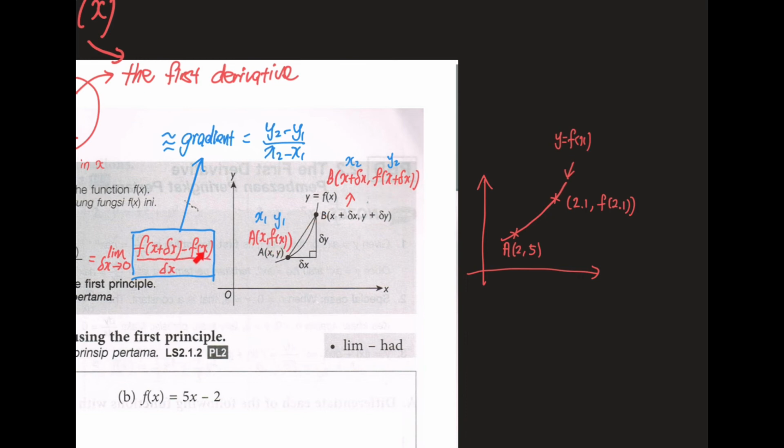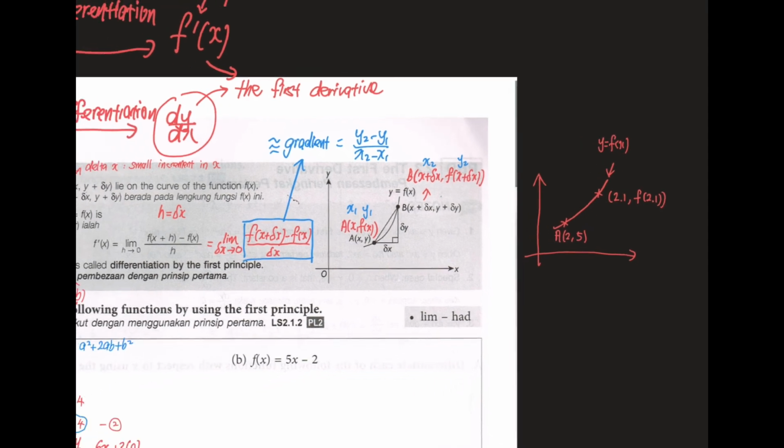At the bottom, x2 minus x1. They simplify and get this. Imagine x plus delta x minus x. The x cancels off, only delta x remains. So that's why the bottom is just delta x, because it's x2 minus x1. It is gradient.